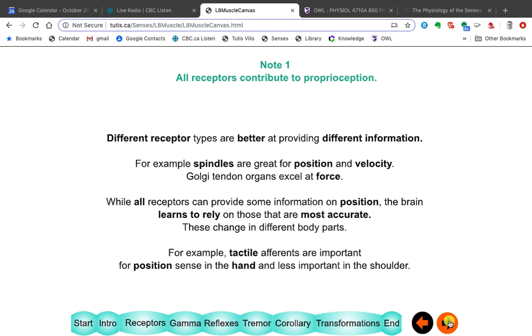And the brain learns to figure out which might be more accurate. So if you have a miss or something like that in what action you're doing, the brain says that receptor was misleading me, so it starts relying on the other ones.